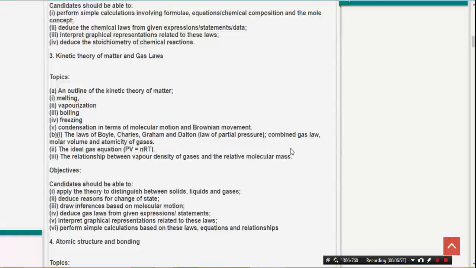Number 2, the laws of Boyle, Charles, Graham, and Dalton. That is the law of partial pressure. Combined gas law, molar volume and atomicity of gases. The ideal gas equation, which is PV equals nRT. The relationship between vapor density of gases and the relative molecular mass.